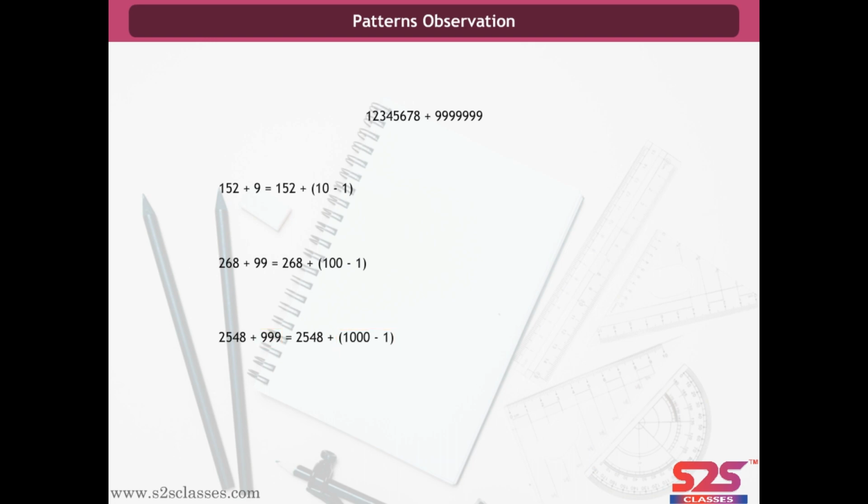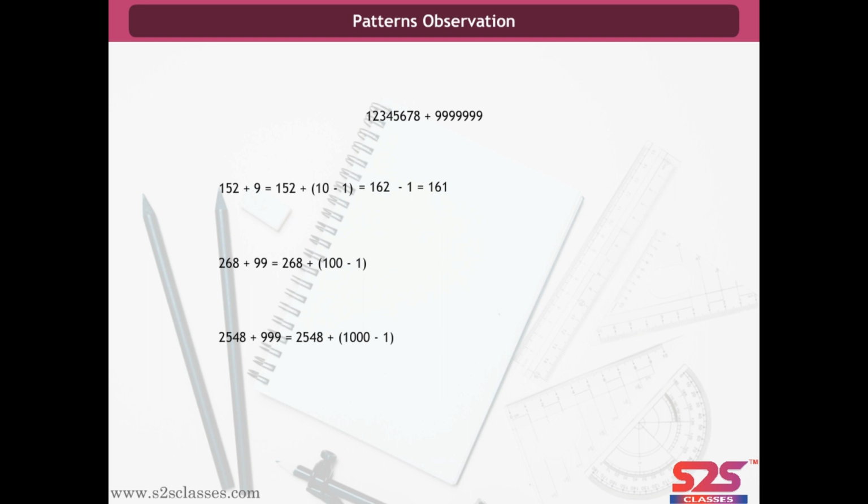Now observe the first expression. 152 plus 9 is equal to 152 plus 10 minus 1. Using associative property of addition, we can first add 152 plus 10, that is 162. And then we can subtract 1, which finally gives us 161.